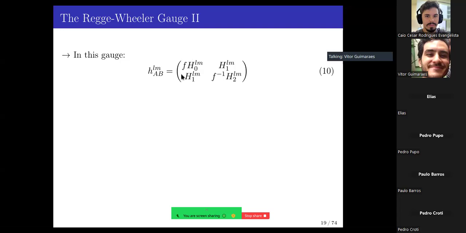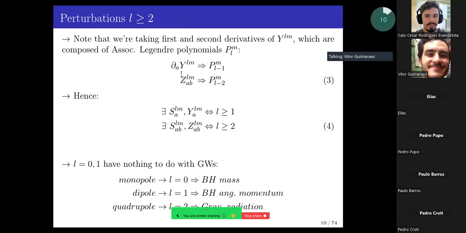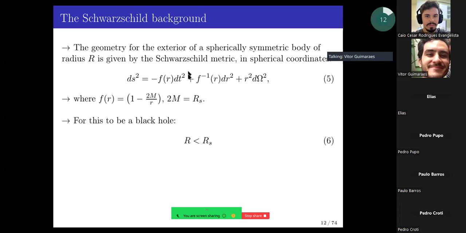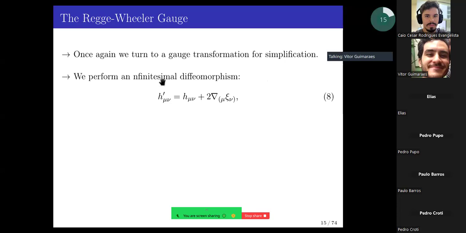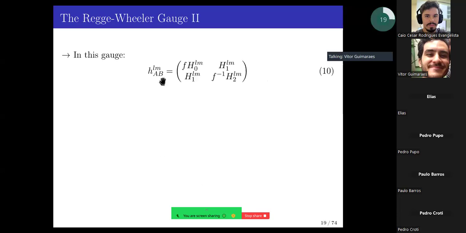Let's just make sure that you remember where they come from. They come from the metric, and we construct our perturbation in such a way that the line element will look a little more friendly, okay? But we'll get there. So this is how this guy looks.